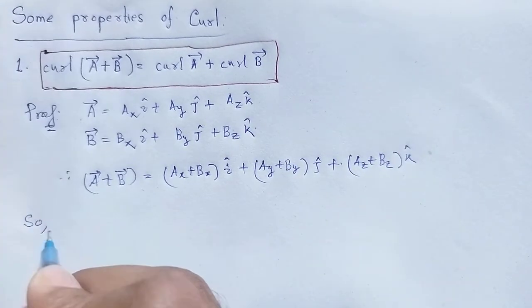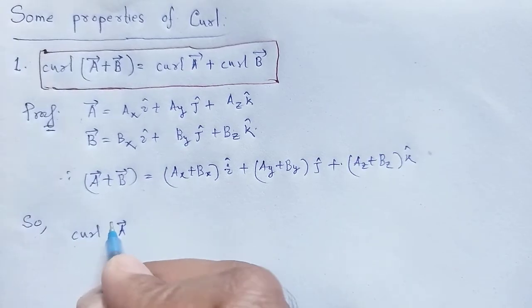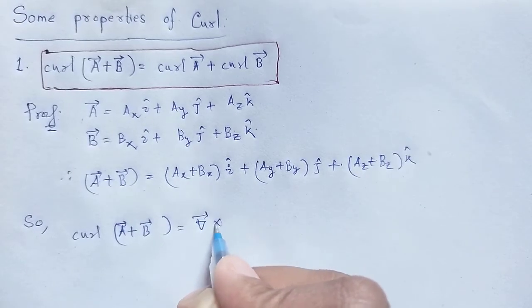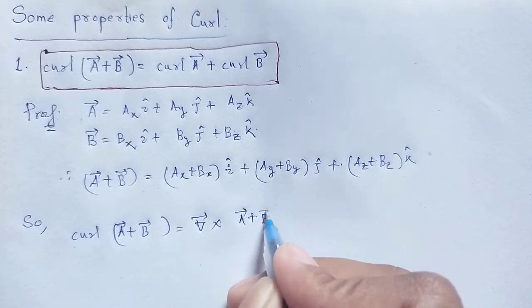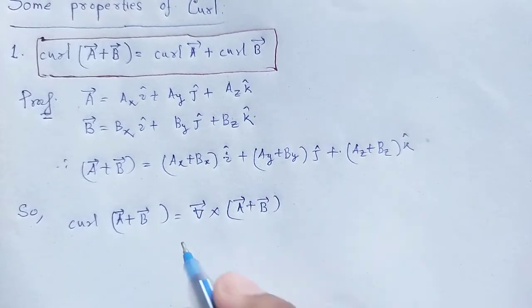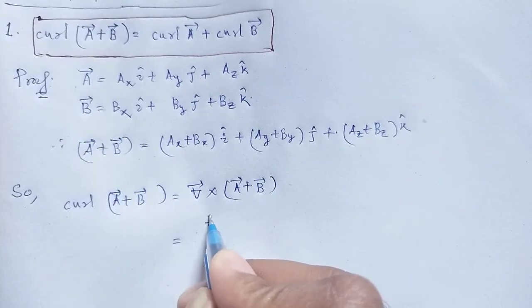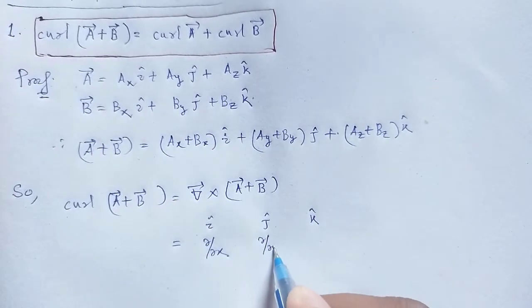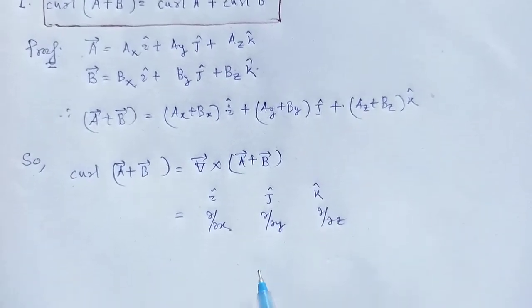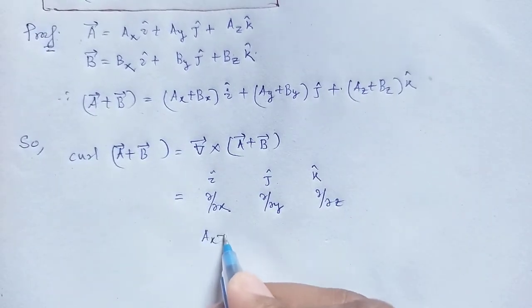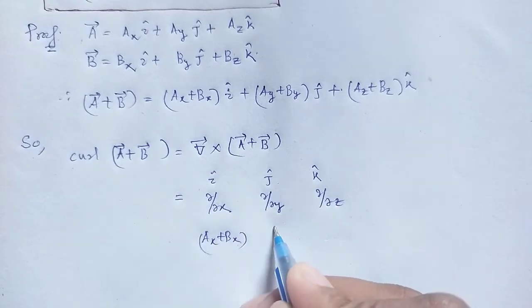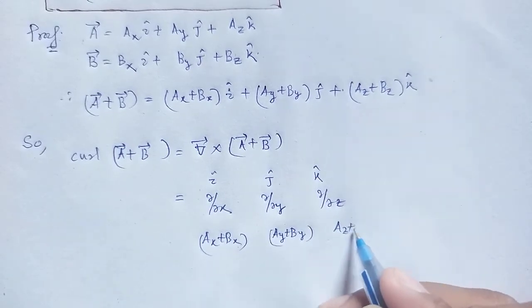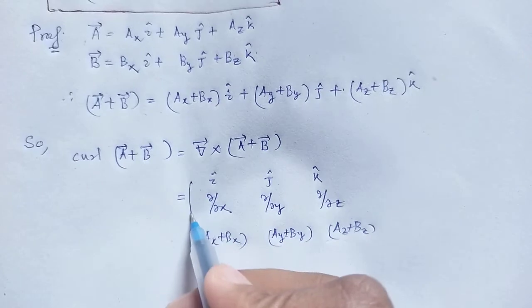So curl of A vector plus B vector is equal to the determinant of i cap, j cap, k cap; del by del x, del by del y, del by del z; Ax plus Bx, Ay plus By, Az plus Bz.